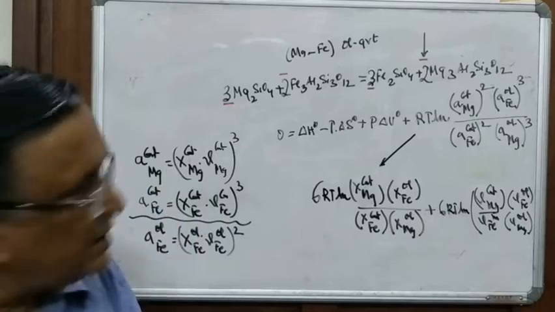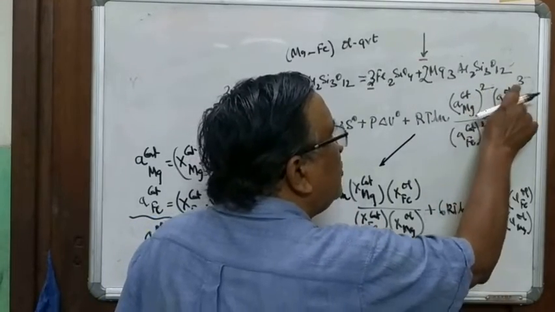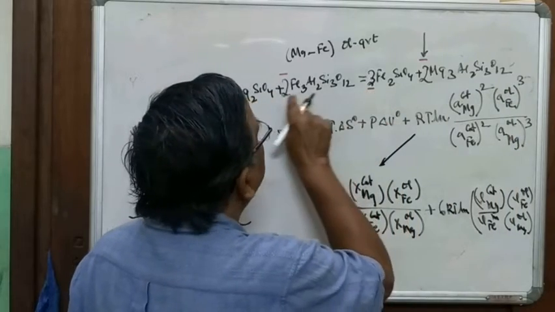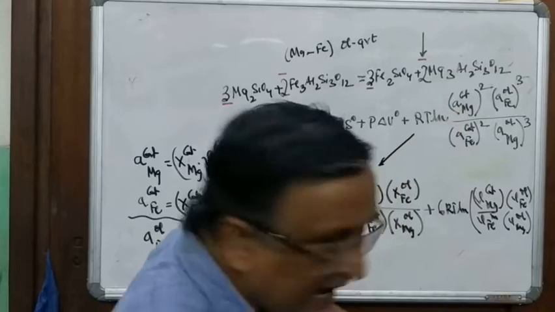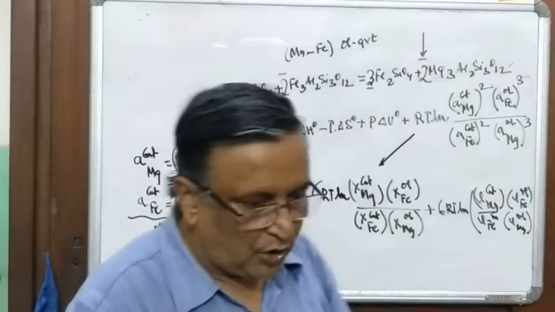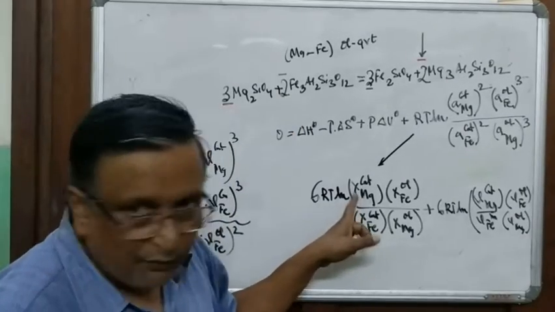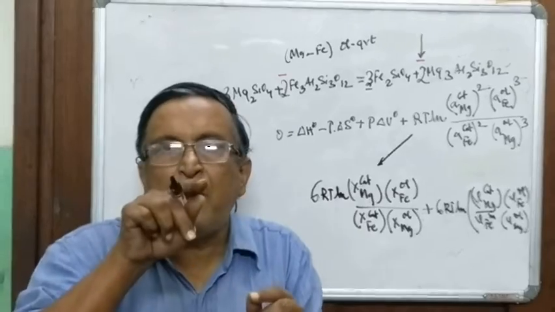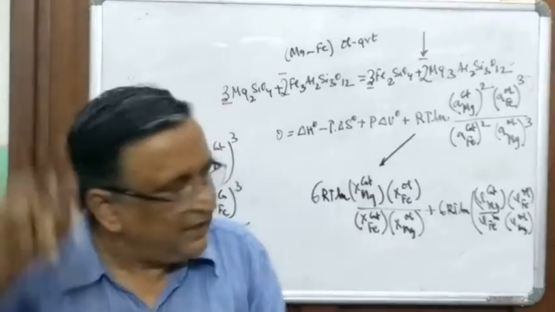Why 6? It is because here this 2 value and 3 value are because of the stoichiometry. It's twice. But when you break up the activity, then it takes into account the mixing. So the mole fraction actually is to the power 2 to the power 3. So it's to the power 6.